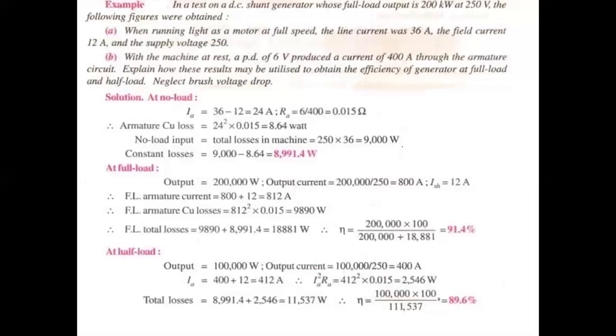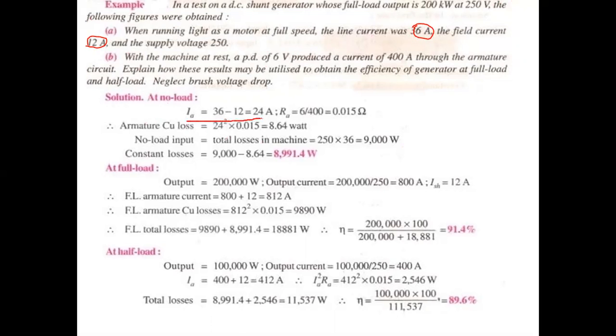Now, with this given no load data, first we will find the constant losses. Coming to the no load data, the 36 amperes is the line current and 12 amperes is the shunt field current. Subtracting 12 amperes from 36 amperes, we will get the armature current.